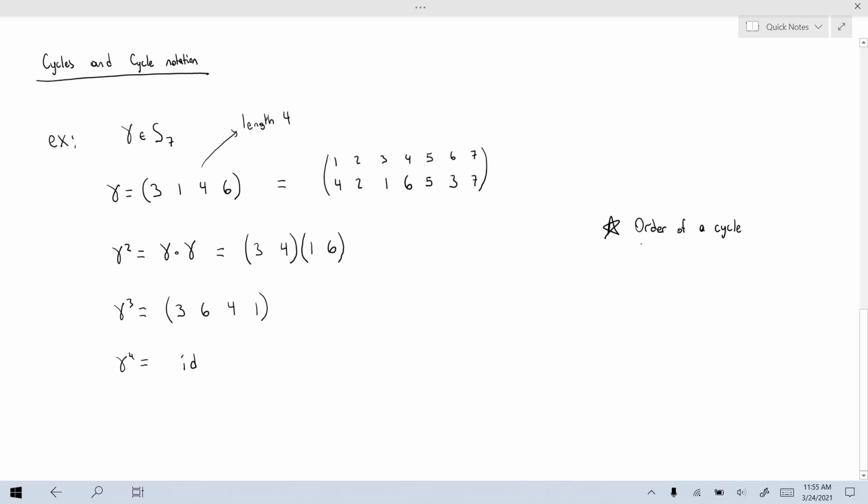So the order of a cycle is its length. So every cycle of length 4 is going to be a permutation of order 4, meaning that 4 would be the smallest positive integer that you need to raise the cycle to that power to get the identity permutation. And that is a very important fact.